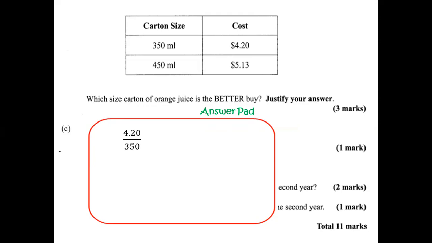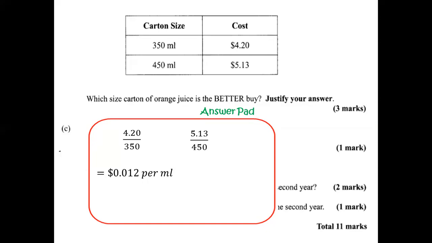All right, to approach this question, it's easier to know the better buy if we know what the price for 1 milliliter is. So if we divide the $4.20 by 350, the number of milliliters, and divide the 5.13 by the 450, then we would know the price for each milliliter.